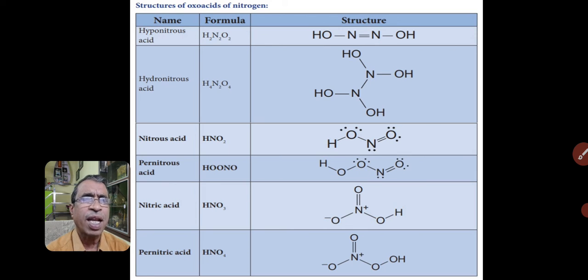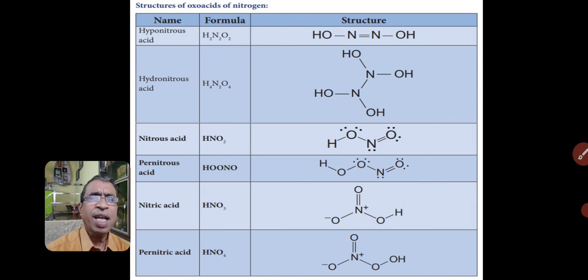In this case, the nitrogen atom is linked to an oxygen through a double bond and to another through an OO group, that is the peroxy group, and the formula becomes HNO3. But the structure is pernitrous acid. It is not nitric acid.